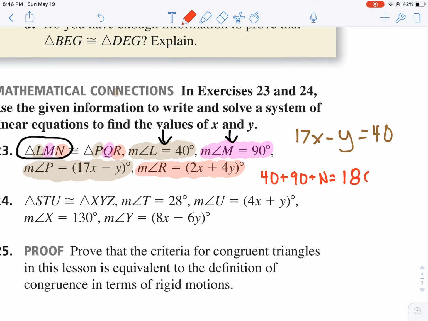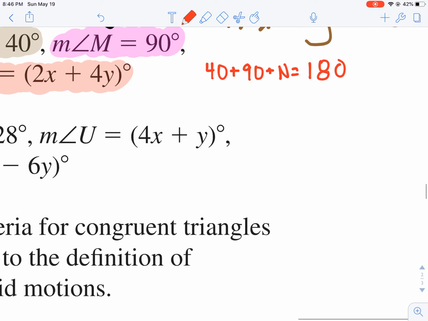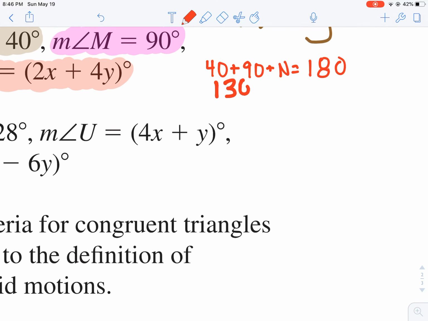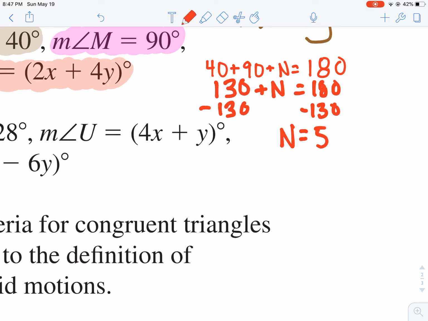So now I can just solve for N, and that'll give me my measure for angle N here. So 90 plus 40 gives me 130, plus N equals 180. I'm going to subtract 130 on each side, and I get N equals 50.